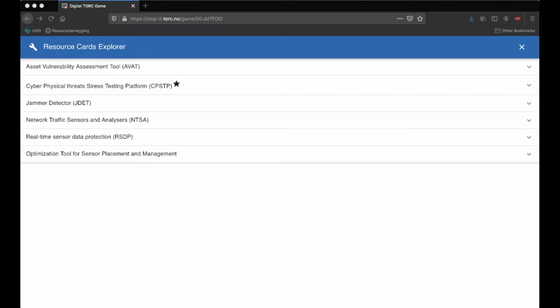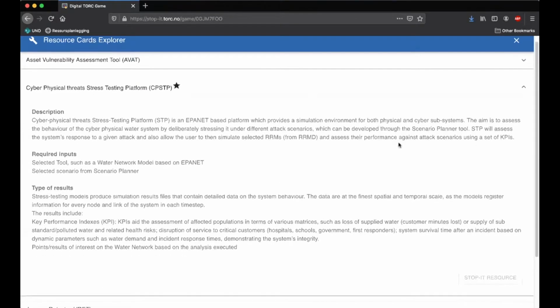It could be a good idea because basically the key performance indicators of this tool of the Stop It project are the number of customers experiencing insufficient service and also the amount of the unmet demand. So it could be used to explore this. So unfortunately, you cannot run it because you need the software to do it.